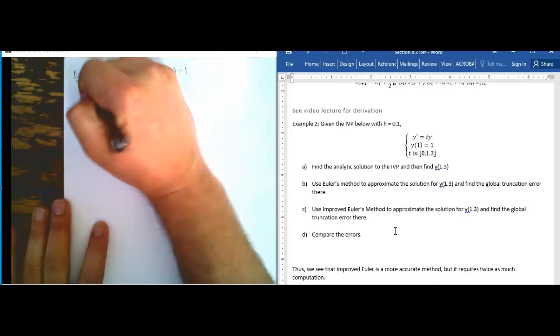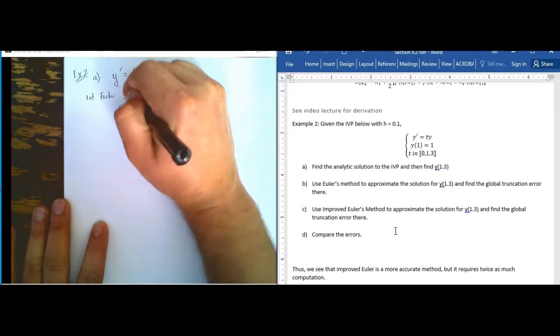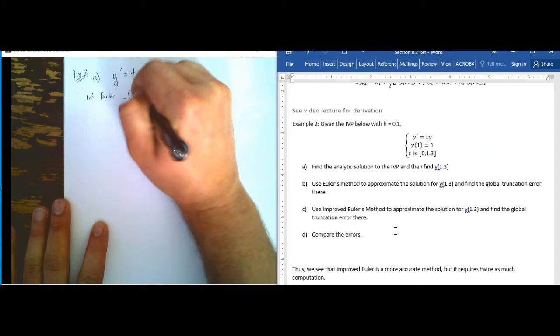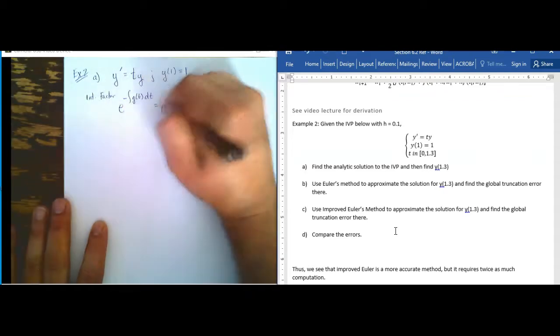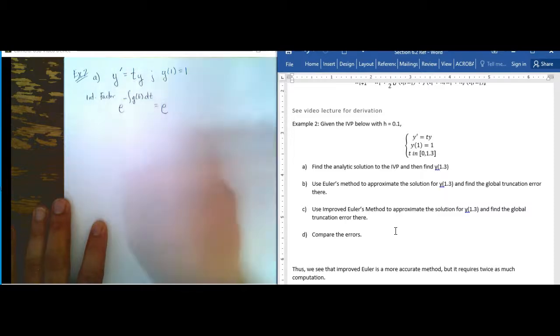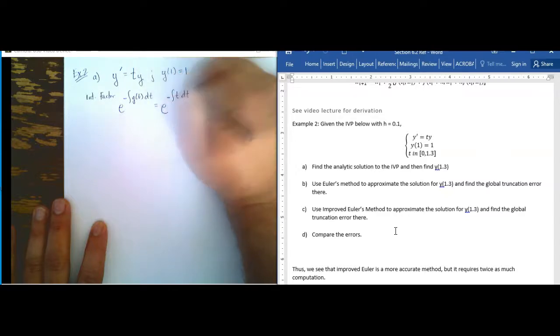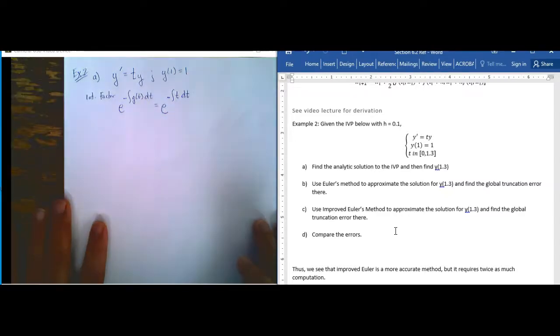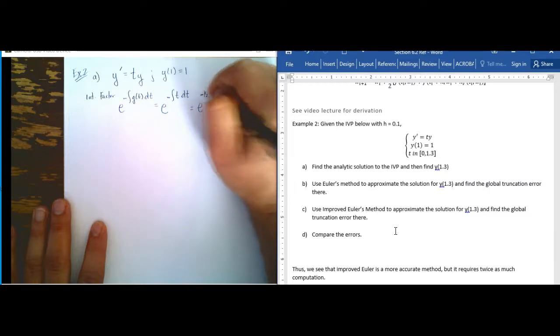So the integrating factor, recall, is e to the negative integral g of t dt. In this case, our g of t is the function of t that's connected to y here. So it would be e to the negative integral of t dt, which is e to the negative 1/2 t squared.